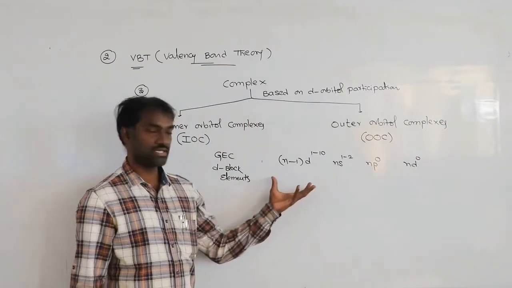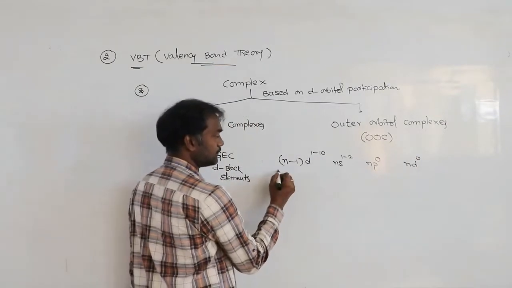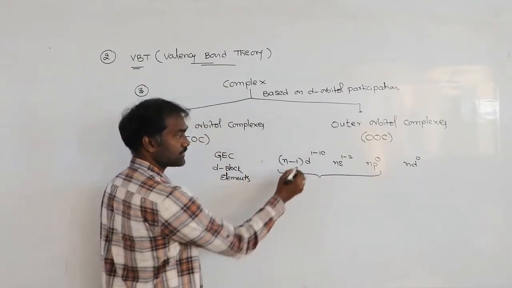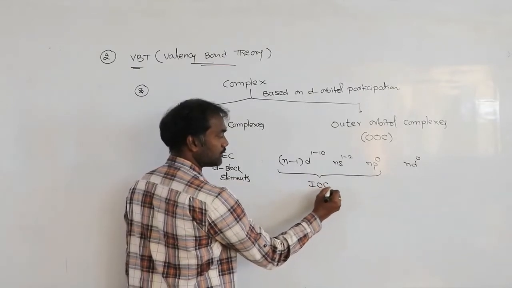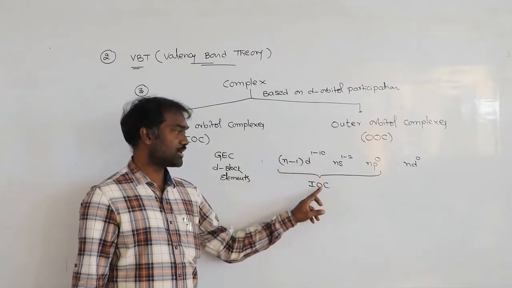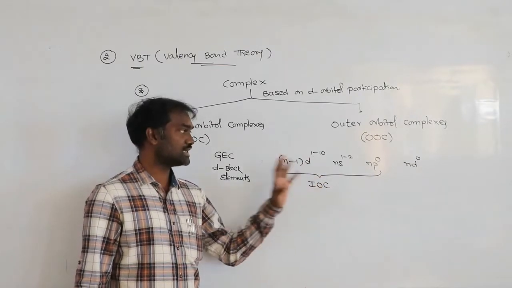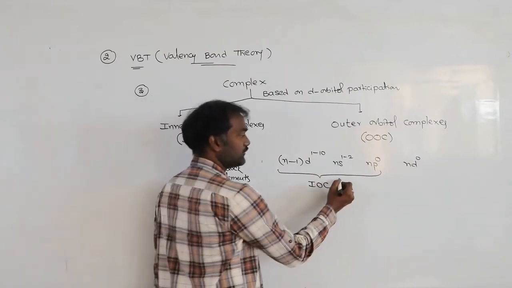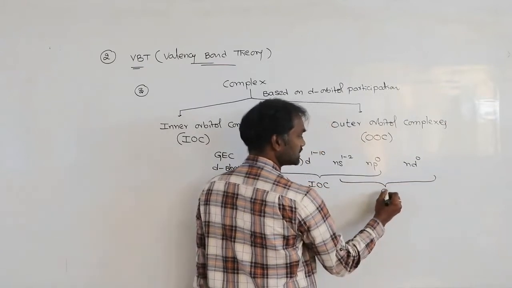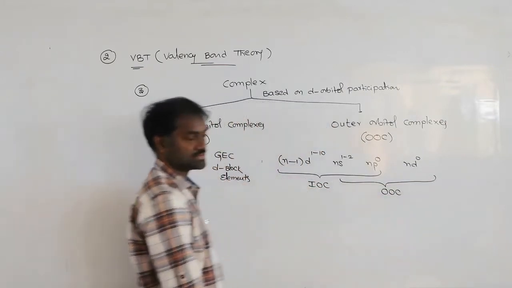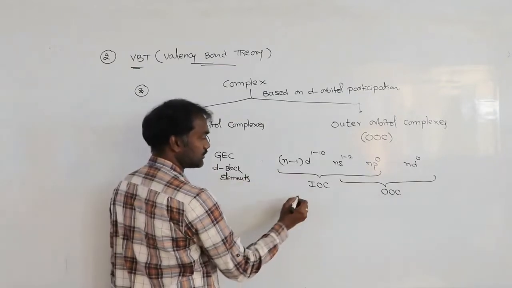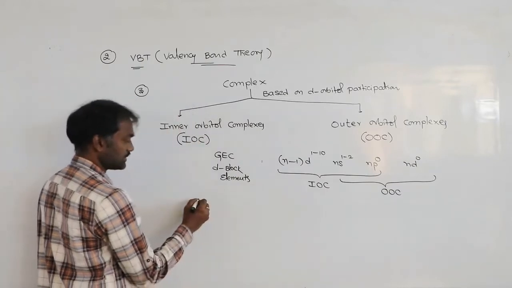Suppose in the hybridization the inner d is participated, then you call it an inner orbital complex. In the hybridization, if the (n-1)d orbital is participated, you call it inner orbital. Suppose if the outside d orbital is participated in hybridization, then it is called an outer orbital complex. So we will see here, what does d mean? Suppose you take the 4d series.